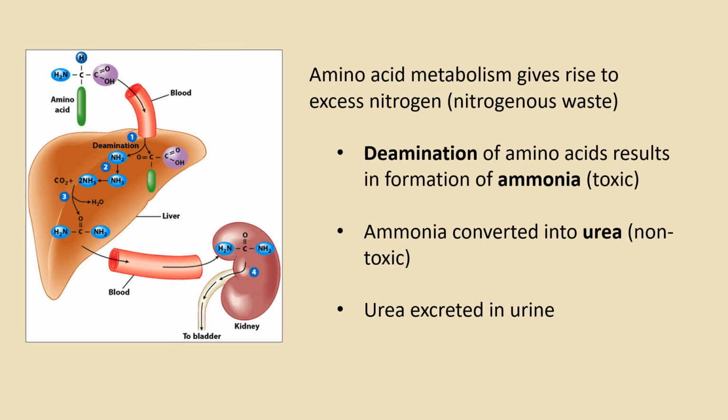Let's start up here with an amino acid, and I hope you recognize that this is a generic amino acid. It's got all the foundational building blocks, right? There's that central carbon atom here, and to that central carbon atom, a carboxyl group is attached on one side, an amino group is attached on the other.